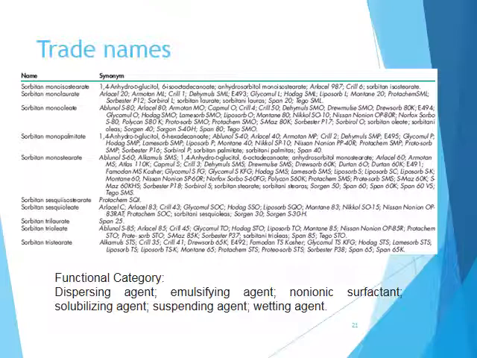So they have different functions in pharmaceutical formulations, but most importantly, they are used as emulsifying agents related to emulsions, and they are normally used for the emulsification of water in oil emulsions.